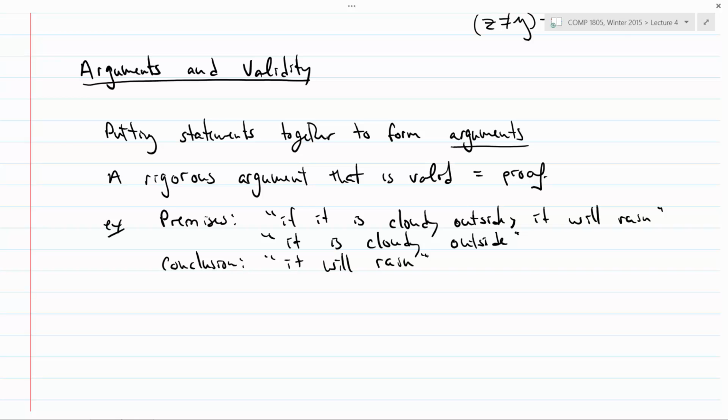And the reason it makes sense to us is whenever you take the premises to be true, then the conclusion follows. So it may or may not be cloudy outside, but if it were, and the other premise was true as well, then the conclusion would certainly follow. Right? That's all it means to be valid.